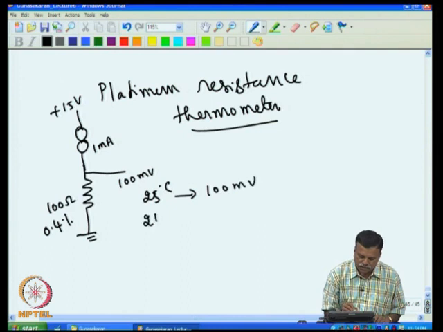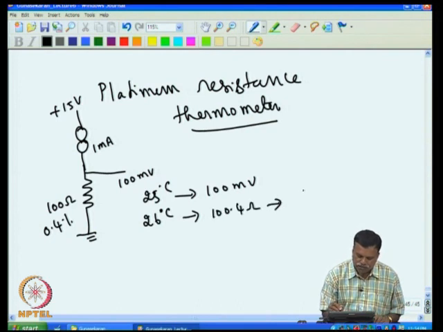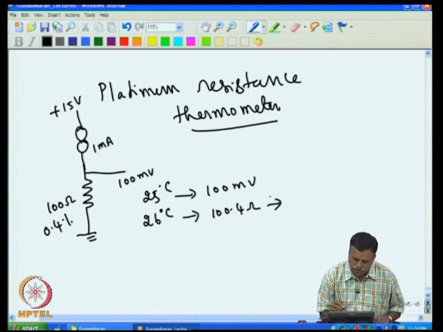When the temperature goes to 26 degrees C, the resistance becomes 100.4 ohms, and the voltage becomes 100.4 ohms into 1 milliampere, that will be 100.4 millivolt.